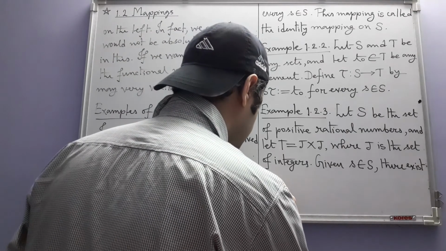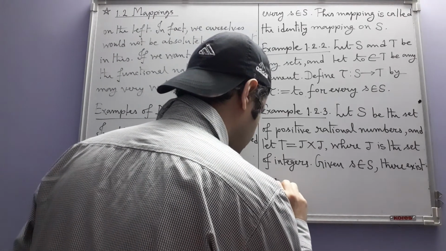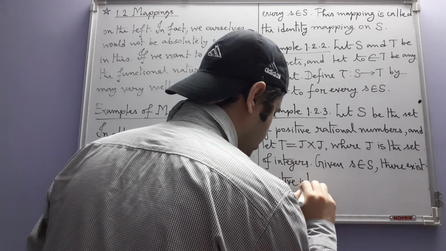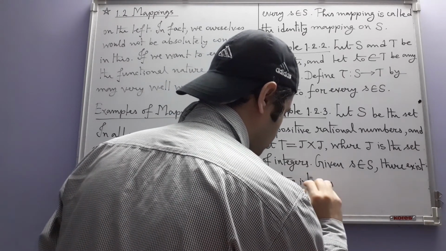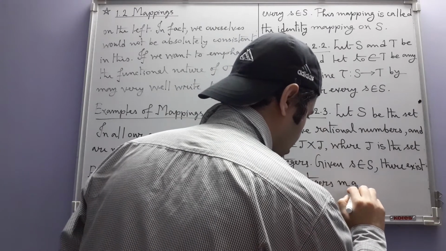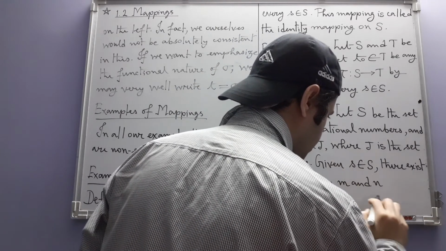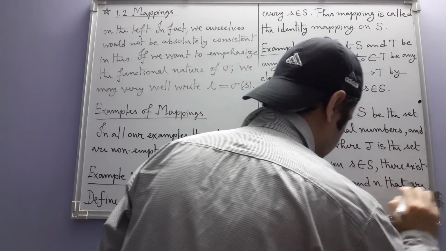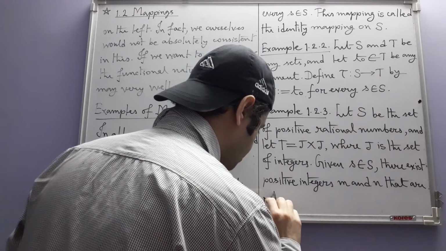So there exist positive integers m and n that are relatively prime.